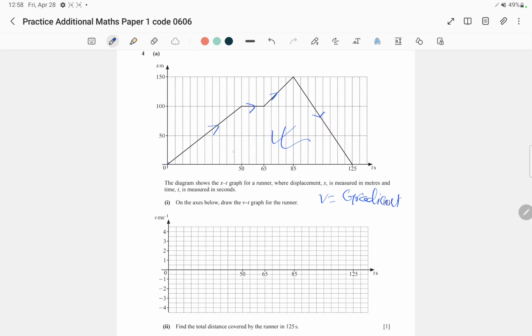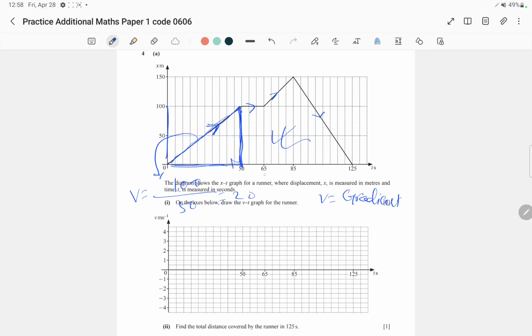Okay, now for this case from 0 to 50, what will be the gradient for this line? We can join this here and here. We know that gradient is change in y over change in x. So that's the gradient, and that will be actually velocity. So gradient will be change in y, that is 100, because this is 100 and this is 50.